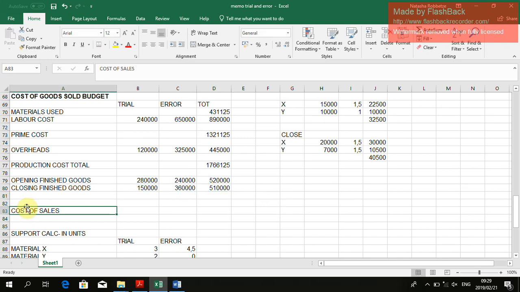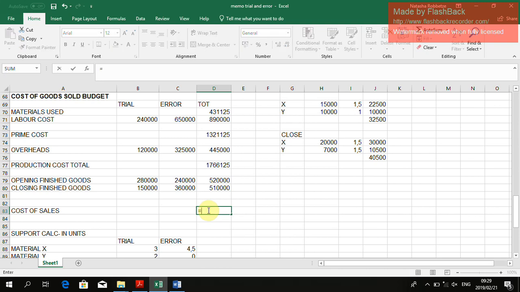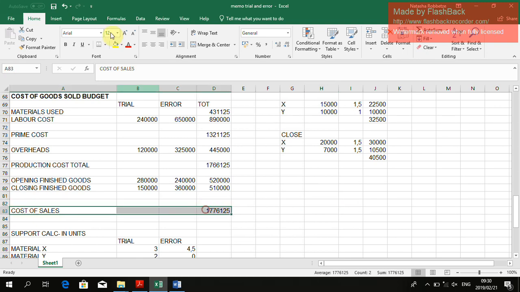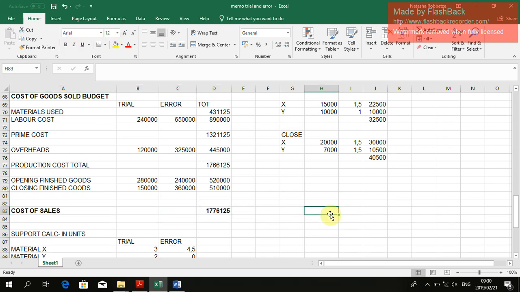And I will be able to calculate my cost of sales then. So that will be my total answer for production cost. Add back the opening stock minus the closing stock, and that gives me cost of sales of 1,776,125.